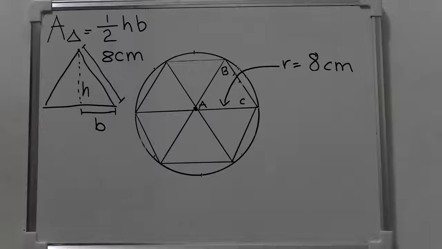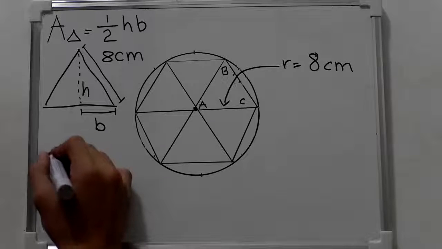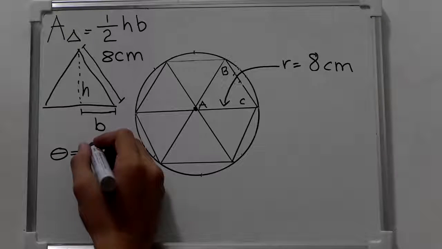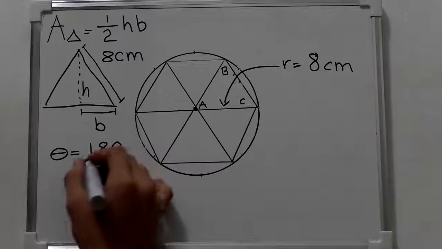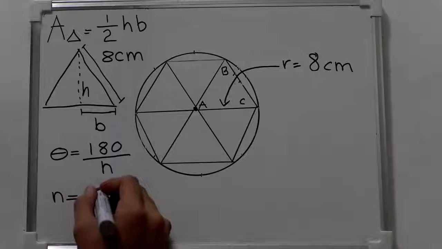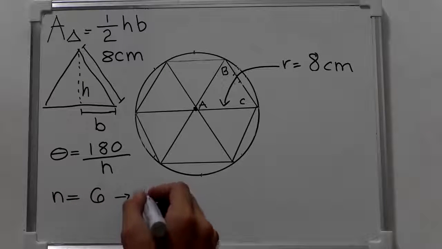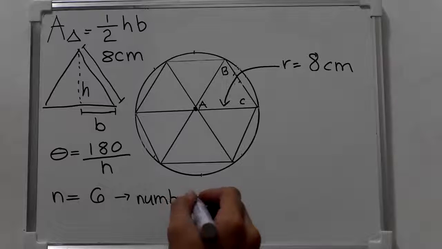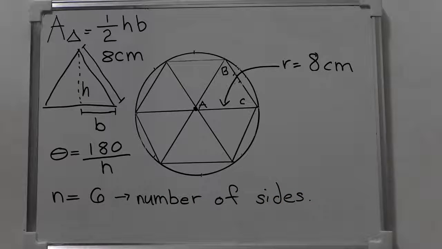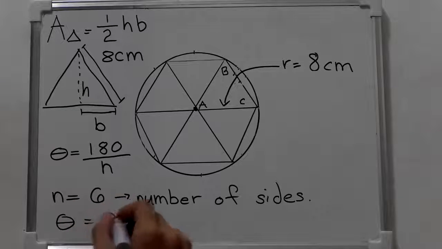So in order to know the angle A, we just divide 180 over n, which is our number of sides. So the angle A is 30 degrees.